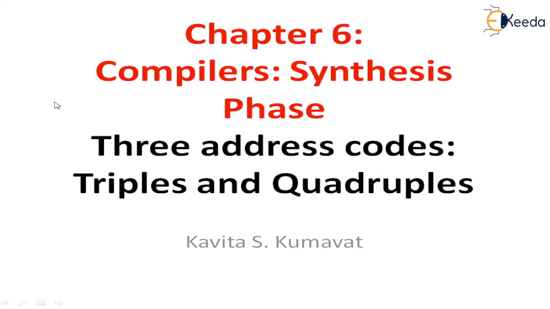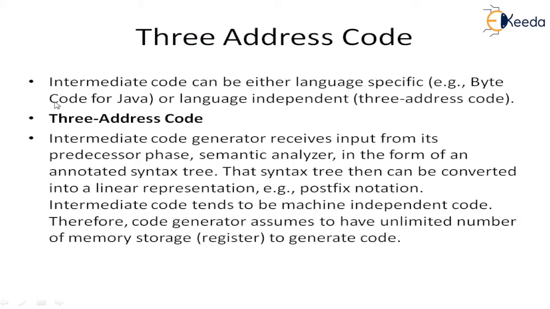So, the three address code is an intermediate code that can be either language specific, for example, bytecode for Java, or language independent. That is the three address code. The code generator receives its input from the predecessor phase, the semantic analyzer, in the form of an annotated syntax tree.